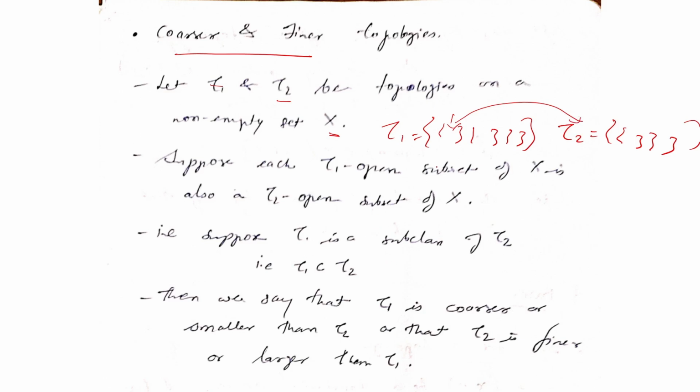That is, you can write it as tau 1 is a subset of tau 2. So in this case, this tau 1 topology is coarser than tau 2, and tau 2 will be said to be finer than tau 1. Okay, I hope it is clear.